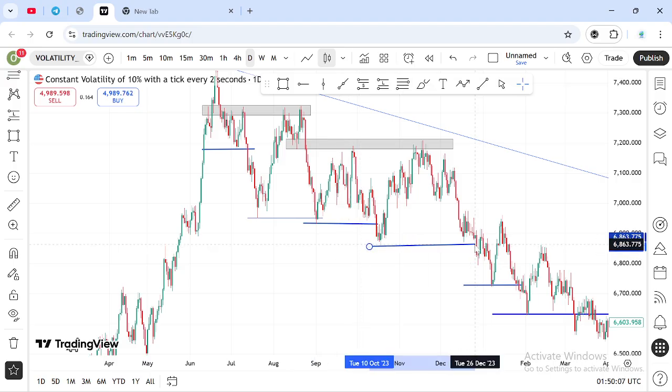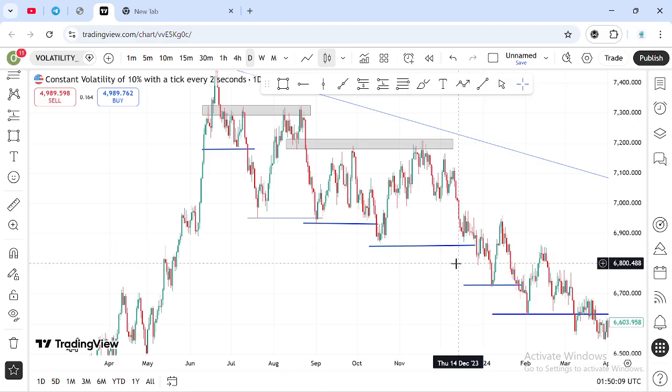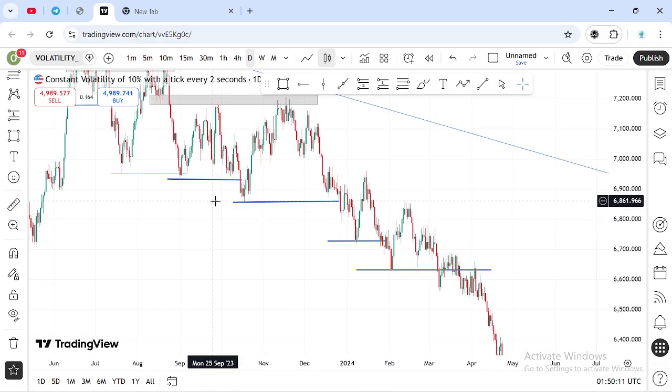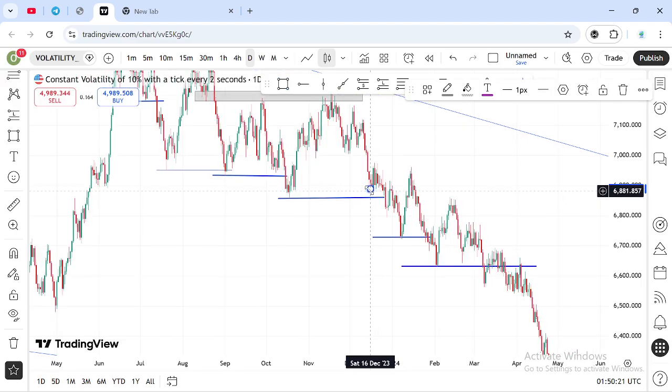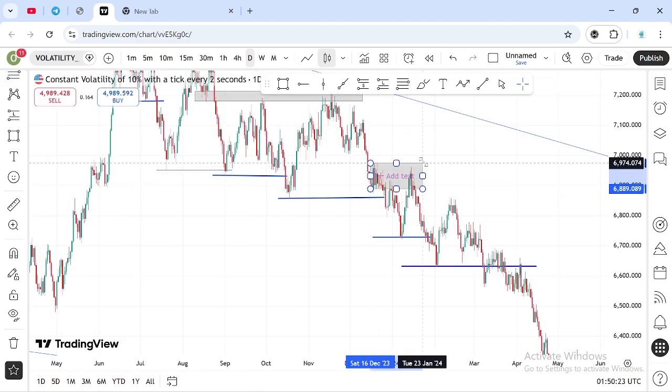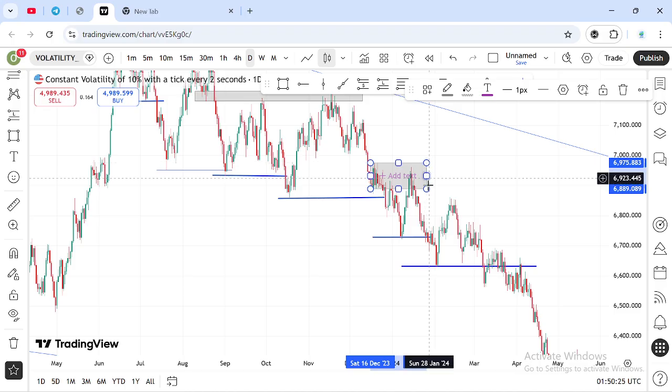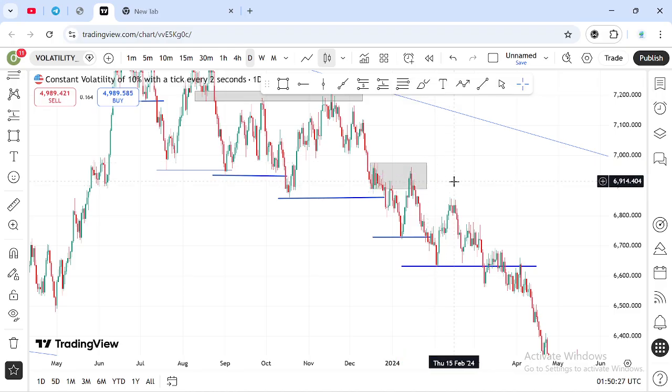It made a break of structure here. I call this multiple break of structure. It made a break of structure from the main trend, also expected this zone and then sold off. Fair enough, also respecting both the order block and the high. So this is what it respected here.